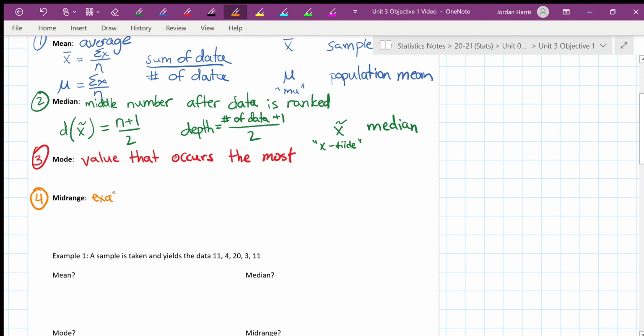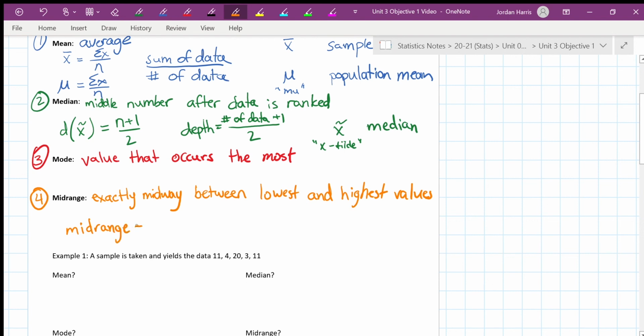It's exactly midway between the low and high value, the lowest and highest values. We have a formula for this. This one does not have a fancy symbol. It's not used as much. So it's the low number plus the high number. You add them up first, and then you divide by 2.